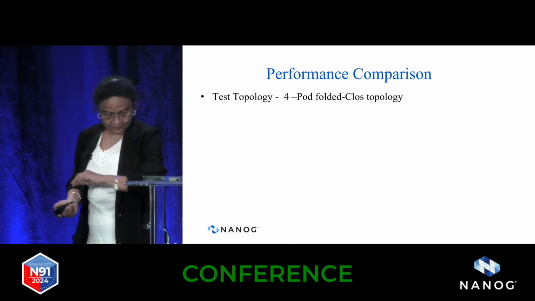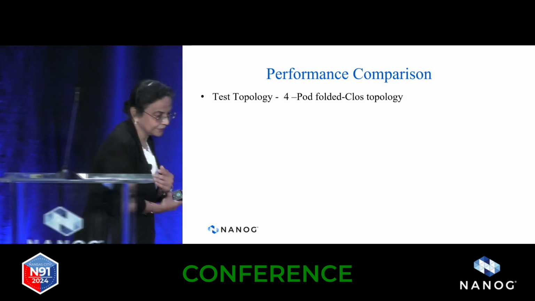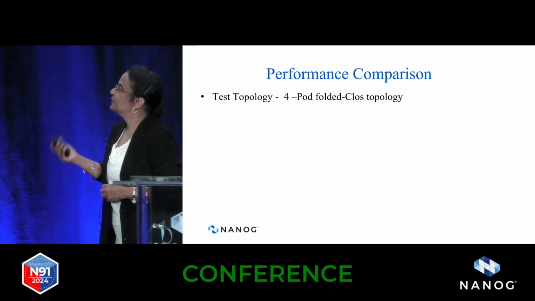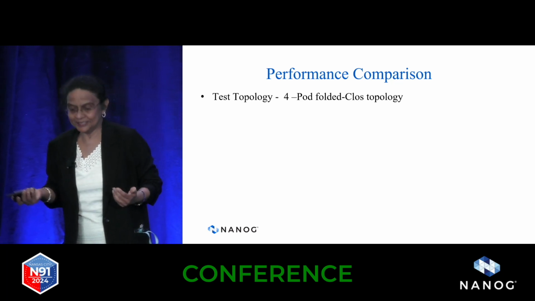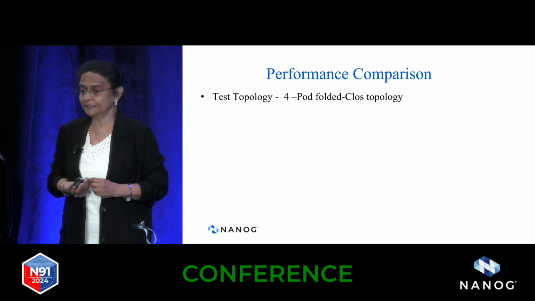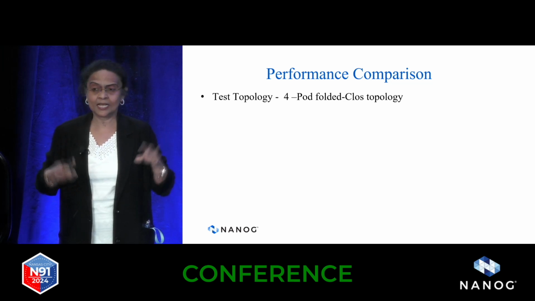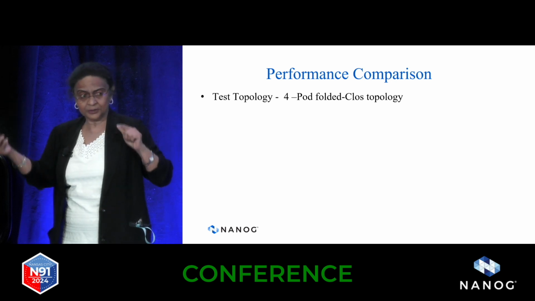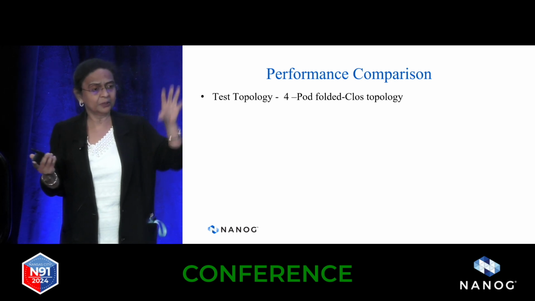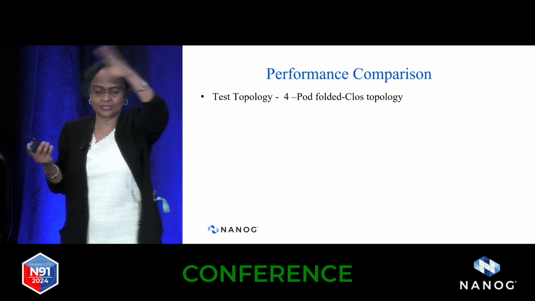So what did we use? Okay, I have some time. We used a 4-pod test topology. When you're working on these test beds, it gets difficult to reserve resources. Literally, every node that you see there in the 4-pod test topology is a virtual machine that is reserved somewhere.